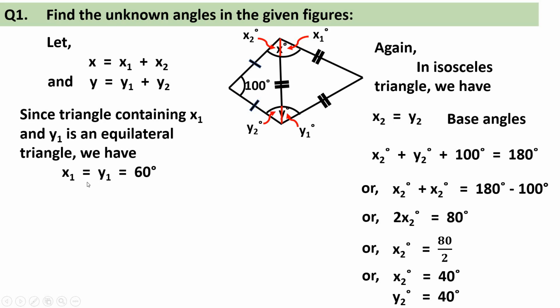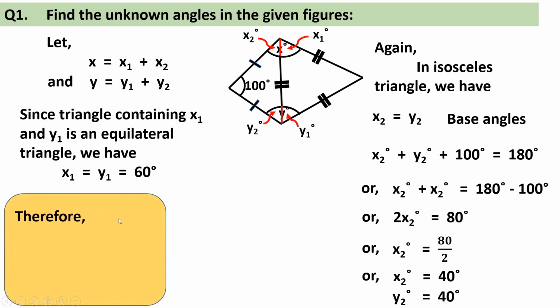So we have the values of x1, y1, and we also have the values of x2 and y2. Let us substitute those values to get the values of x and y. How much is x? x is equal to x1 plus x2. x1 is 60 degrees and x2 we found to be 40 degrees, and when we add this we get 100 degrees.